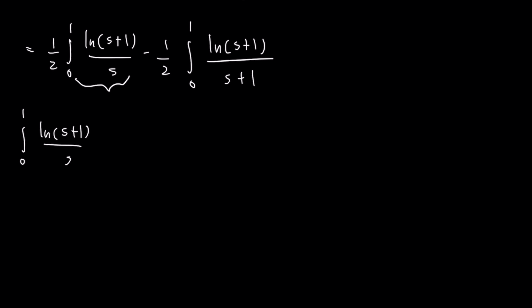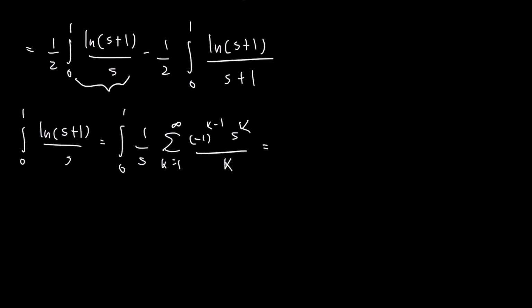We use the series expansion of the natural log of s plus 1. So it's equal to the integral from 0 to 1, 1 over s, then the sum from 1 to infinity of negative 1 to the k minus 1, s to the k over k.